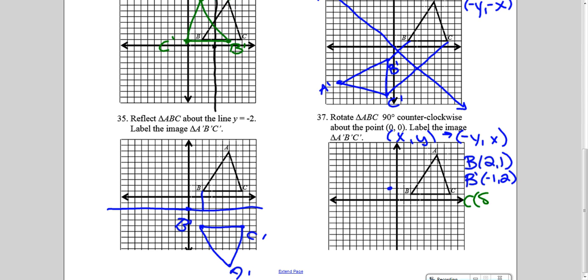C is 8, 1, so C prime is negative 1, positive 8. A is 6, 8, so A prime is negative 8, 6. So there's my new triangle.